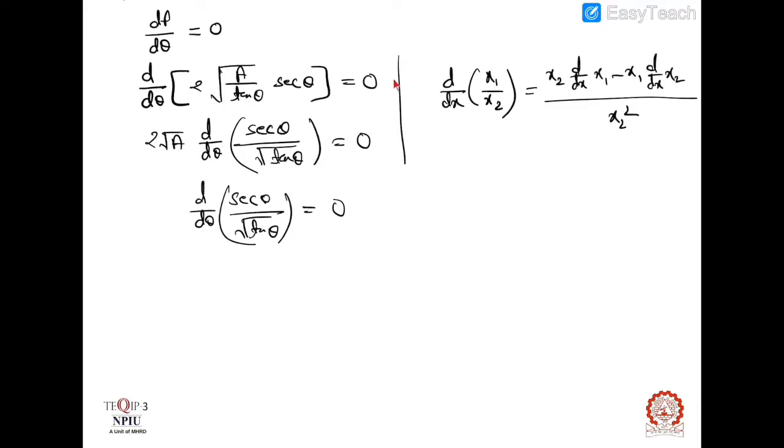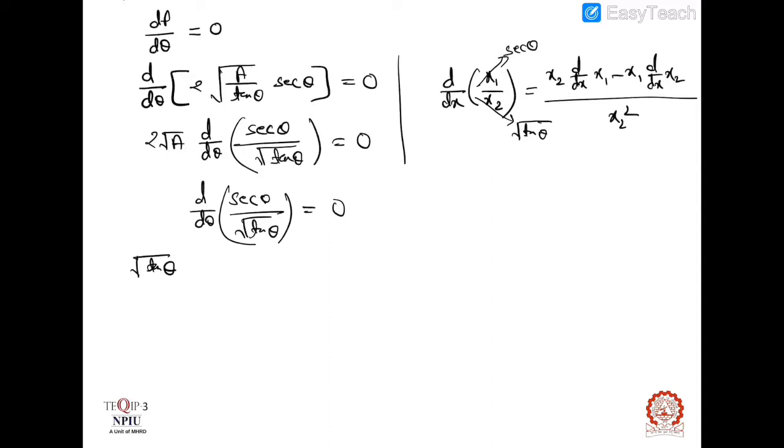Apply this formula d/dx of x1 divided by x2, where x1 is sec theta and x2 is root over tan theta. Root over tan theta times the differentiation of x1.